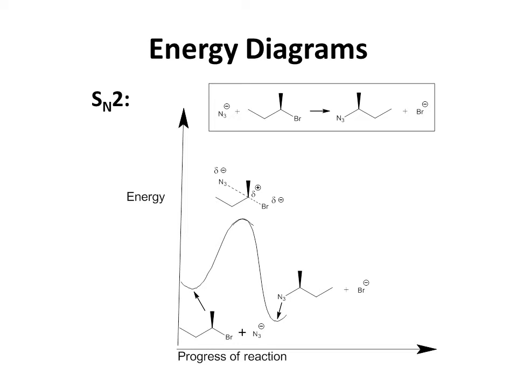This is inversion of configuration. You show a partial negative charge on N3, partial positive charge on the carbon, and a partial negative charge on the leaving group. There's only one energy barrier, only one transition state. There is no intermediate in this process. And at the bottom of the hill, you find your products.